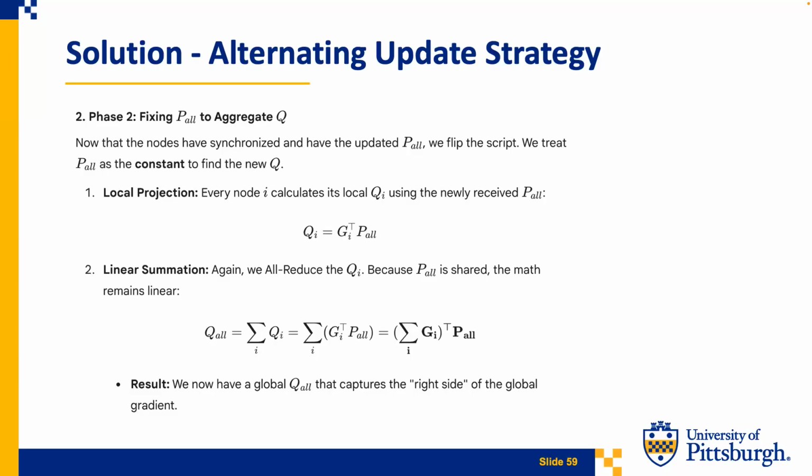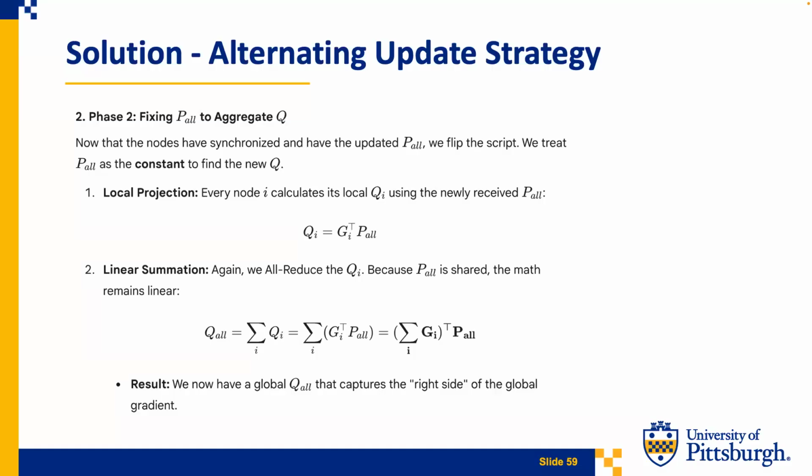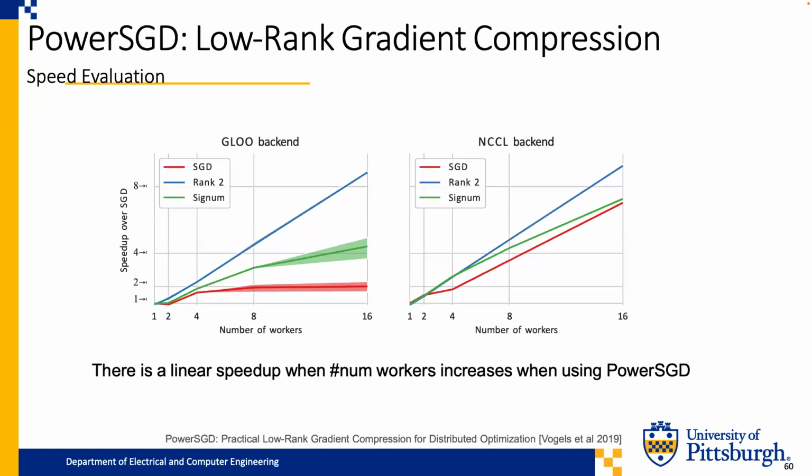Because everyone is sharing the same P_all, and they have their own Q_i, and then broadcast the Q_i, you can have the Q_all, which is the other side of the global gradient. So by doing this two-step process, you calculate the P_all and the Q_all, and that gives you the accumulation of the G_all. So by doing this two-step, we can eventually get the G_all.